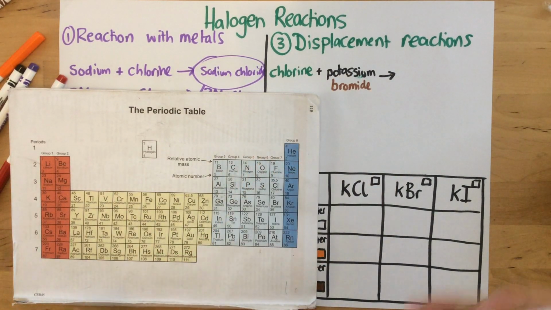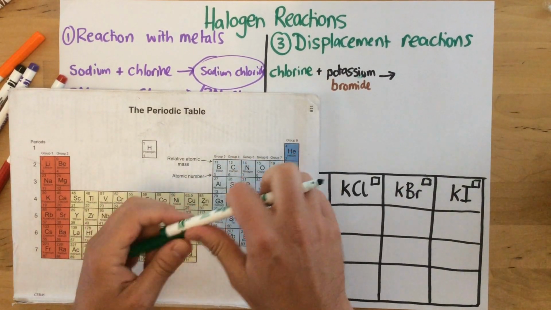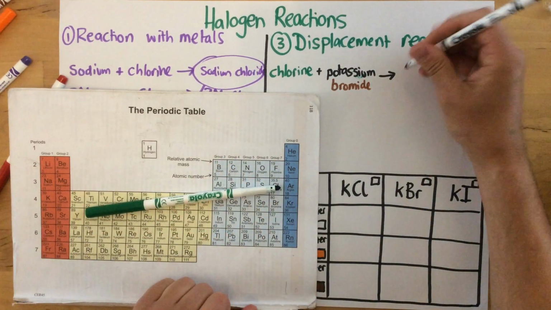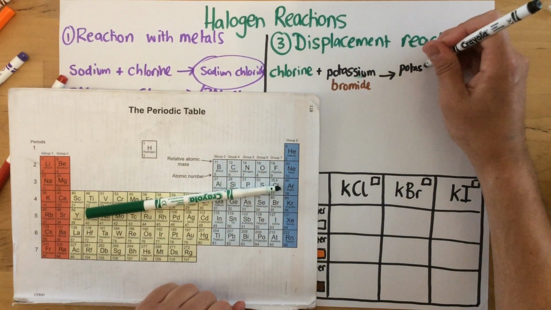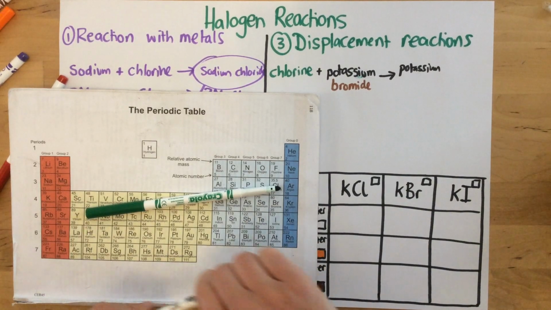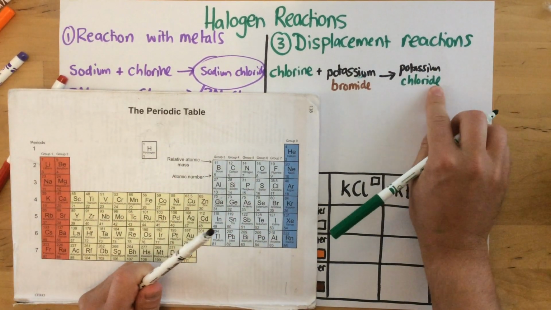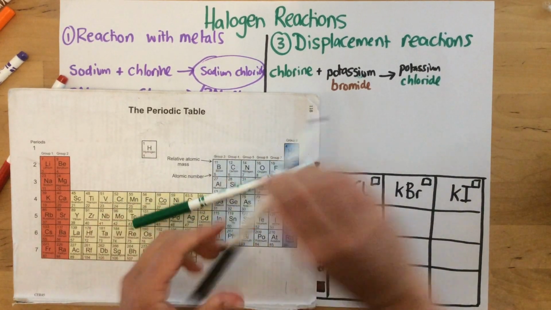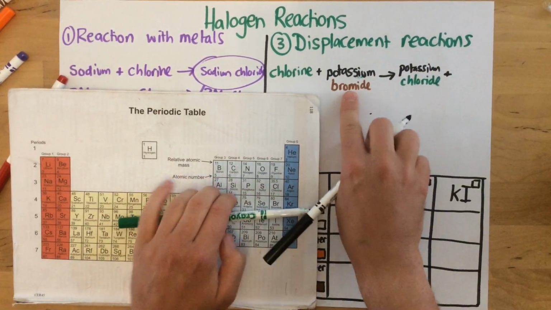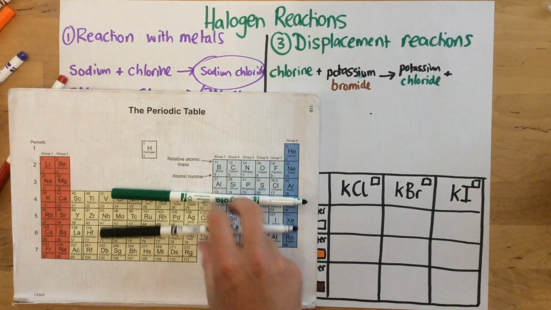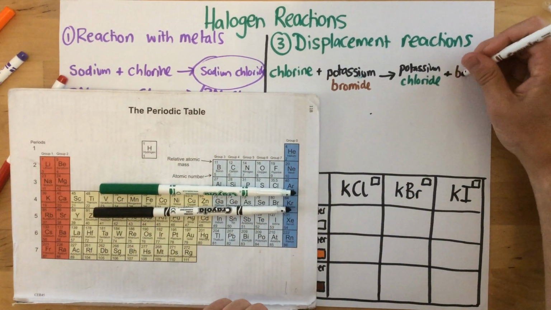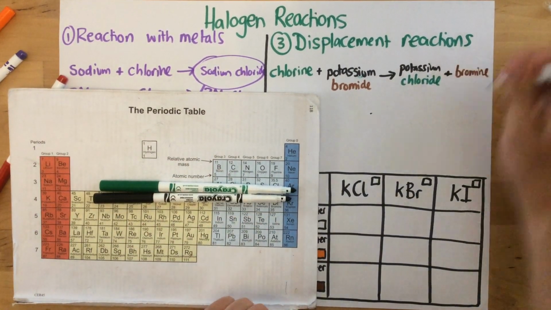Because it's more reactive, it replaces it. So instead of potassium bromide, I would now have potassium chloride. Again, look how it ends in -ide now that it's in a compound. But that's not all. The bromine has been kicked out, so now I just have the bromine all by itself.